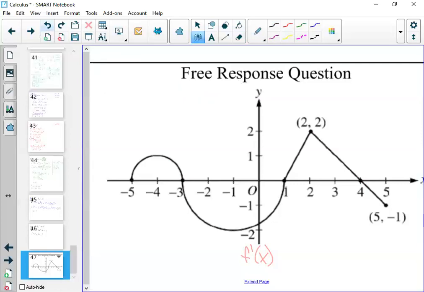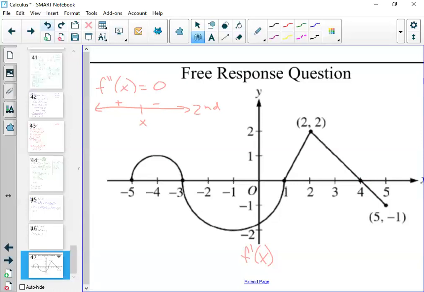Okay, so an inflection point is a point where f double prime equals 0, and remember, the sign on either side of that point switches from positive to negative or from negative to positive.